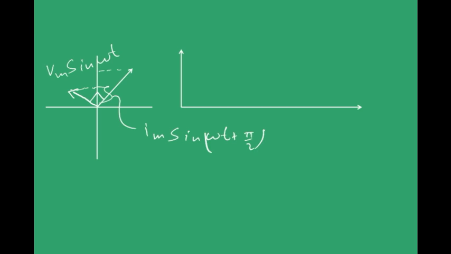Okay. Now, if this is the voltage which varies sinusoidally, then I have to draw the current also, right? How does it vary? It varies in this way, something like this. So the maximum value of current is somewhere here, and maximum value of voltage is here.